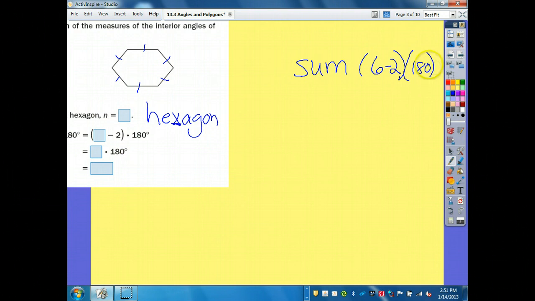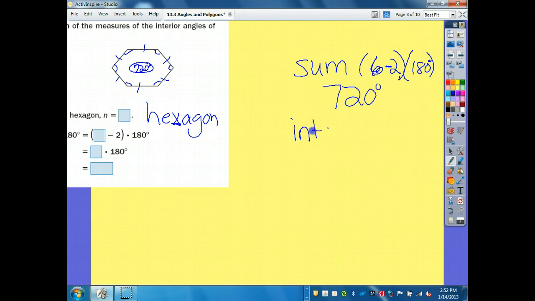Yes, because the number of sides, which is 6 in this case, minus 2, times 180. So 4 times 180, what will the sum of all these interior angles be? 720. What is 6 minus 2? 4. What's 4 times 180? 720. 720 degrees. So the sum is 720 degrees.